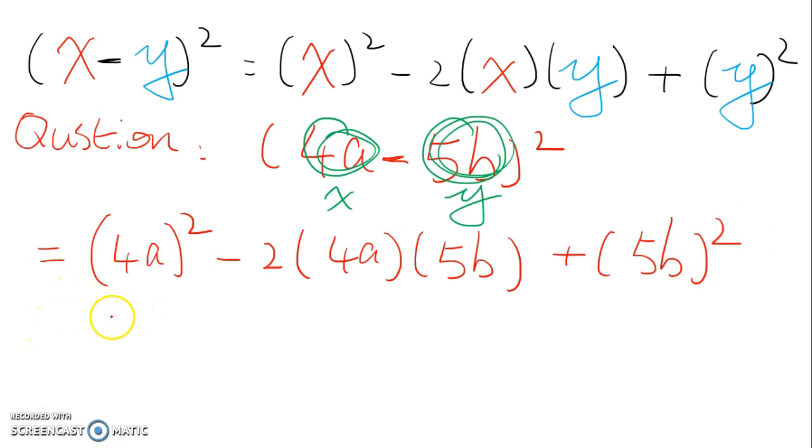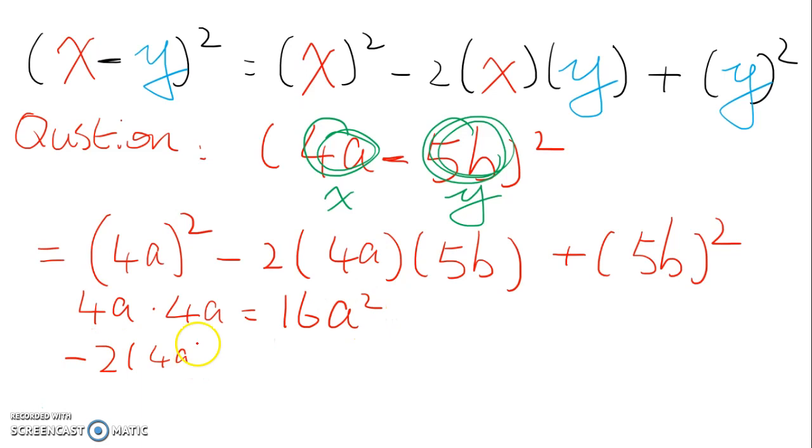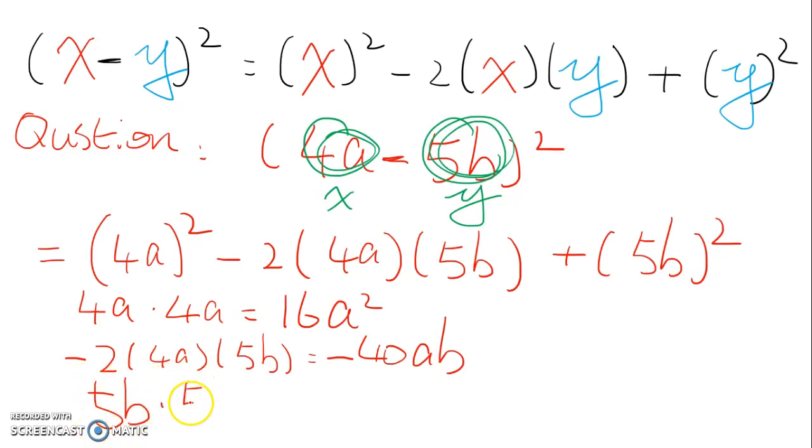So the answer, again, 4a times 4a, which equals number 4 times 4 equals 16, a times a equals a squared, minus 2 times 4a times 5b, numbers 2 times 4 which equals 8, 8 times 5 which equals 40, minus 40, apples and bananas right next to each other, and 5b times 5b which equals 25b squared.